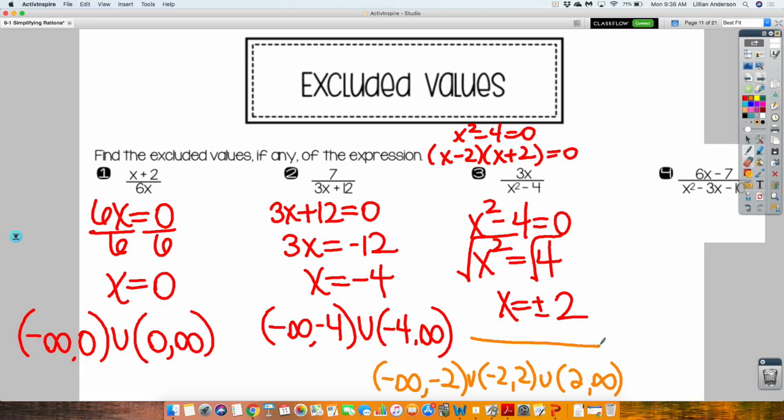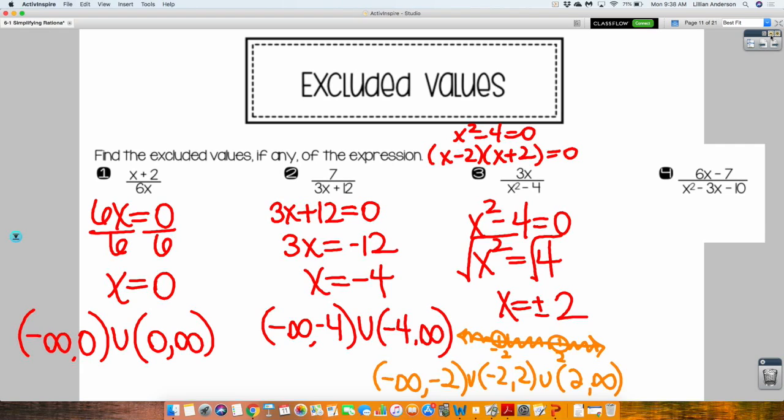So -2, +2, open circle at both, and everything else. Now, will I ask you to do this? I'm just adding in some additional practice because later we are going to have to find the domain for these functions, so this is good practice. But if I just ask for the excluded value, x equals -4, x equals ±2, that's all you need.